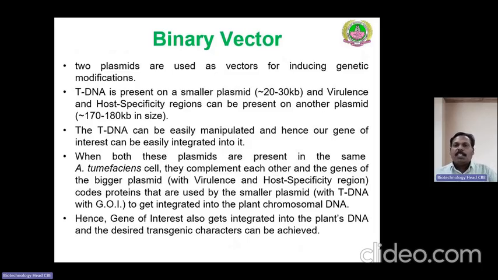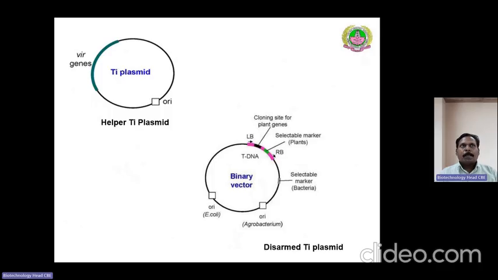That's how we can efficiently transfer the gene by using a binary vector strategy, with the T-DNA in one plasmid and the virulence and host specificity region in the other plasmid. So the gene of interest also gets integrated into the plant's DNA, and desired transgenic characters can be achieved by using the binary vector strategy.